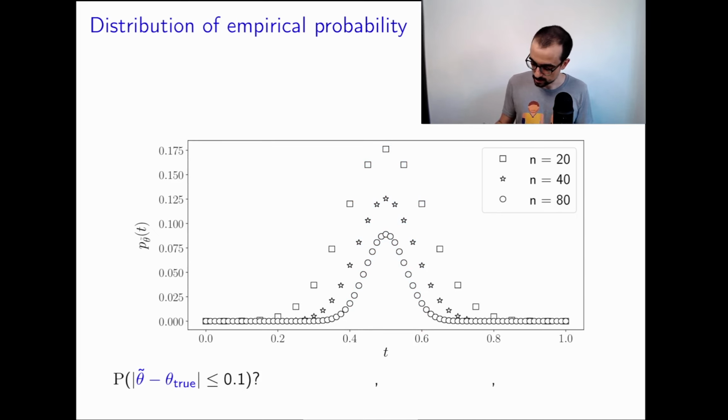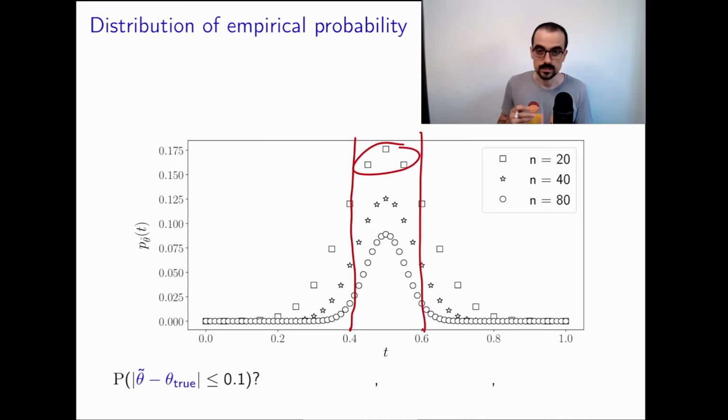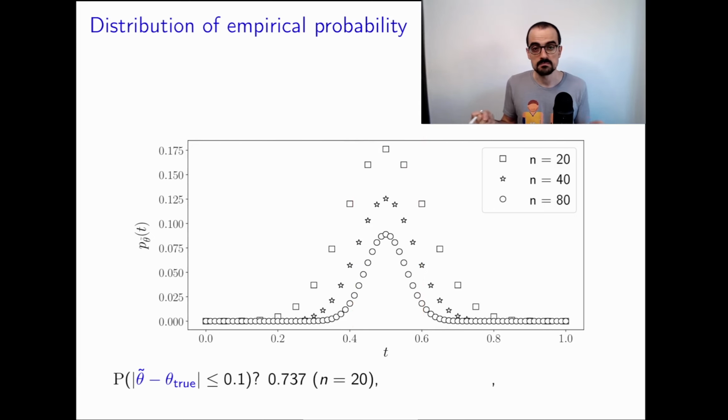Again, for n equals 20, we would basically do like this and like this, and count the points that are within 0.4 and 0.6. And that probability is 0.7, or 73%. So 73% of the time when I look at the empirical probability estimator, the error that I'm making is less than 0.1, as long as the true probability is 0.5.